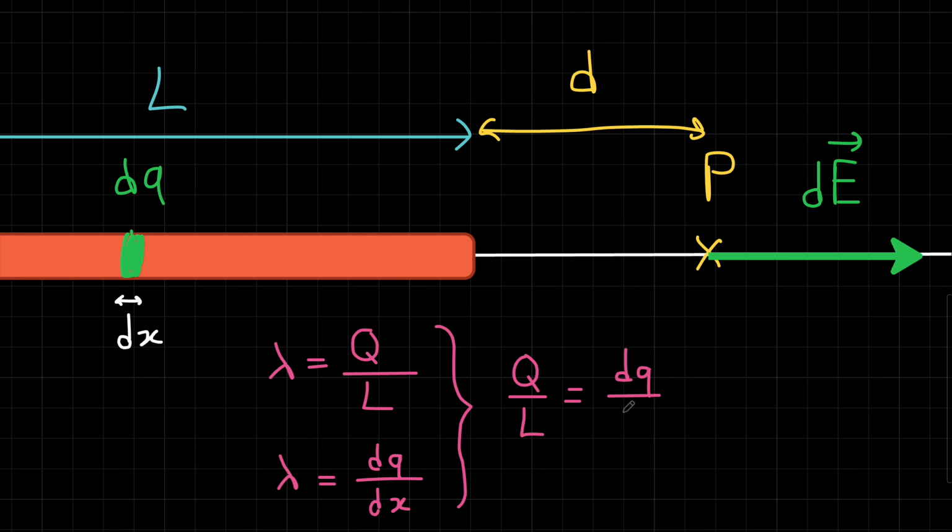Now let's rearrange this expression and isolate dq. What do we get? dq equals capital Q over L times dx, like so.